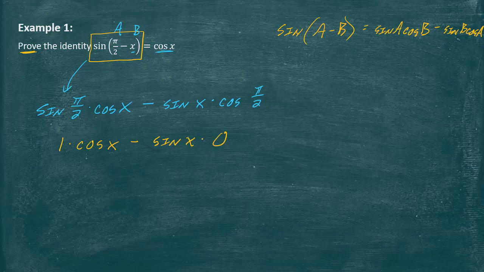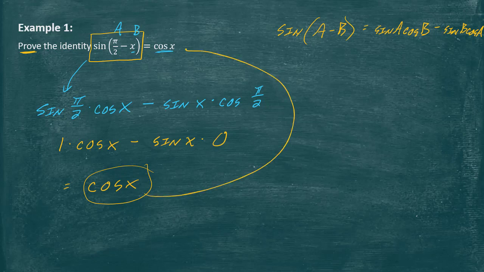So since that whole thing there is being multiplied by 0, the sine of x term just goes away, or gets canceled, and 1 times cosine in this case turns into cosine of x. And as you can see, this matches that. So technically the proof part is all of the work that I did from start to finish until it turned into what it was supposed to turn into, which happened to be, for this specific problem, cosine of x.